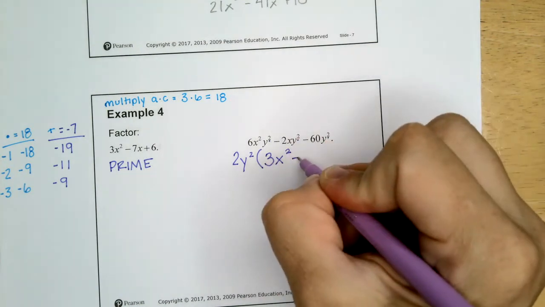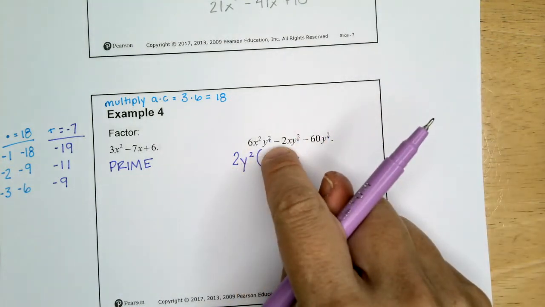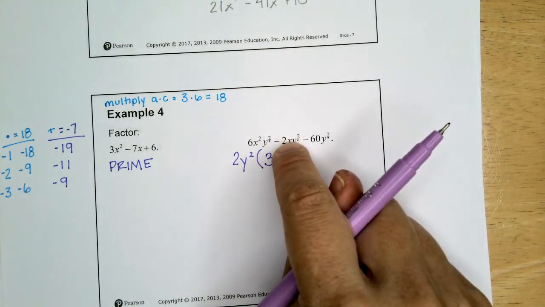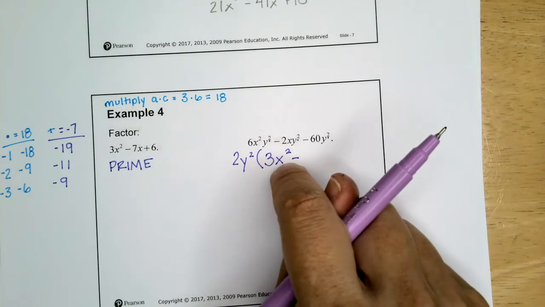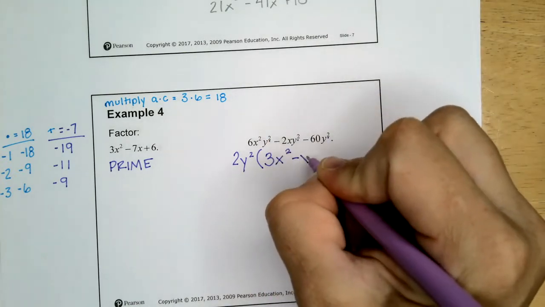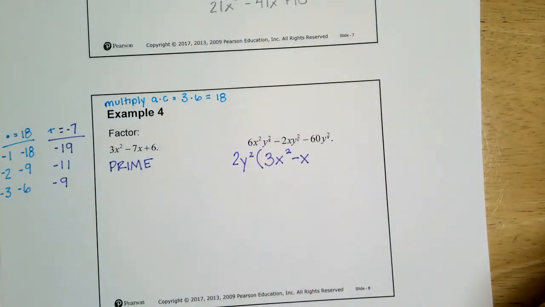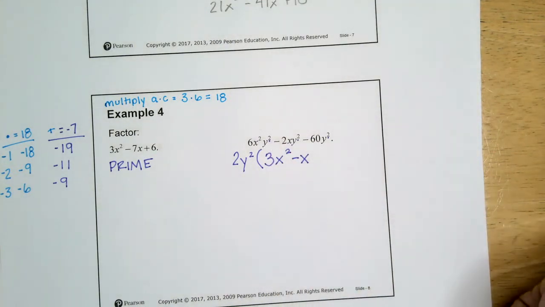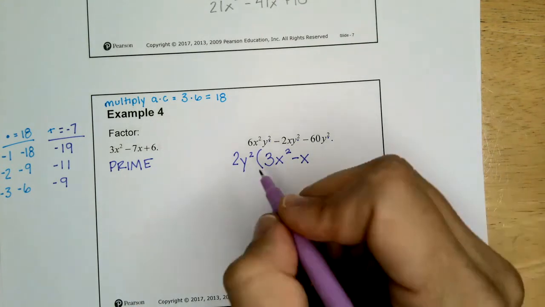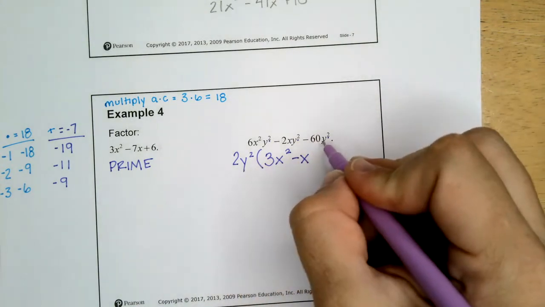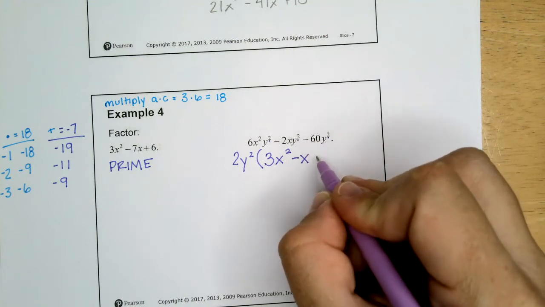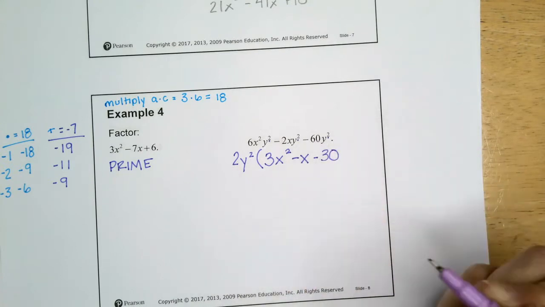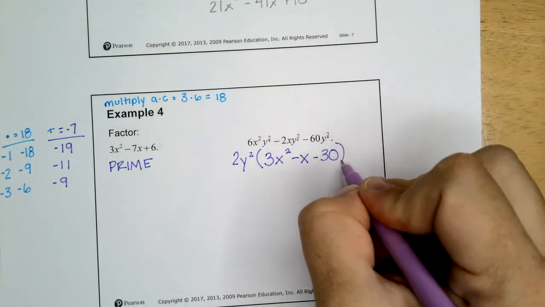So I need a negative sign, right? Because it's going to become negative. 2 and 2, so I would just need to multiply by 1, and x. I need that x, right? I don't need to write the 1 because the 1 times the x would just be an x. And then to get -60, I need to multiply by -30, right? And then the y squared is taking care of itself.